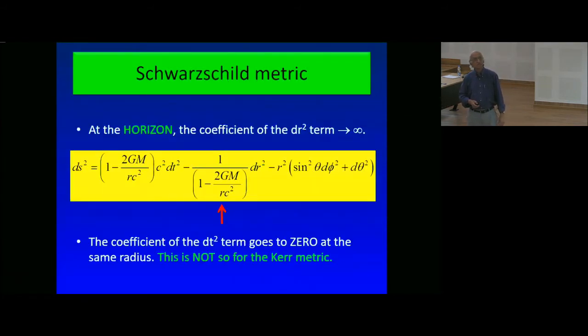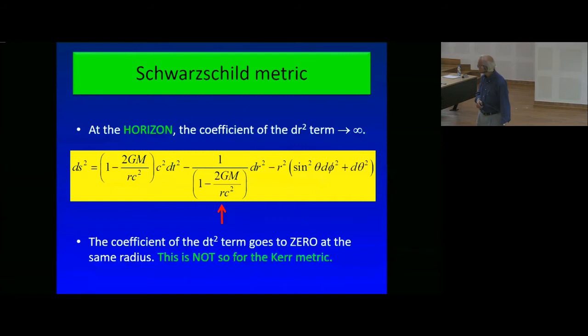Now, let's go back to the Schwarzschild metric, which I have written in full here. At the Schwarzschild horizon, the coefficient of the dr squared term goes to infinity at r equal to 2GM by c squared. But you notice that precisely at that distance, the coefficient of the dt squared term also goes to 0.